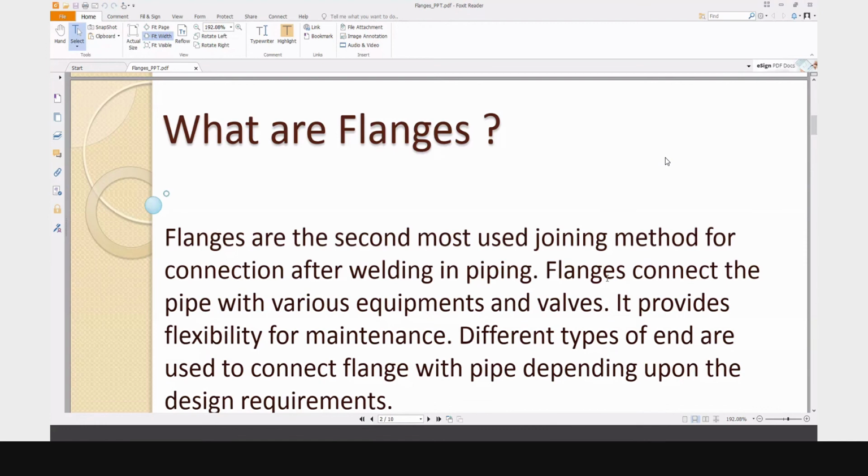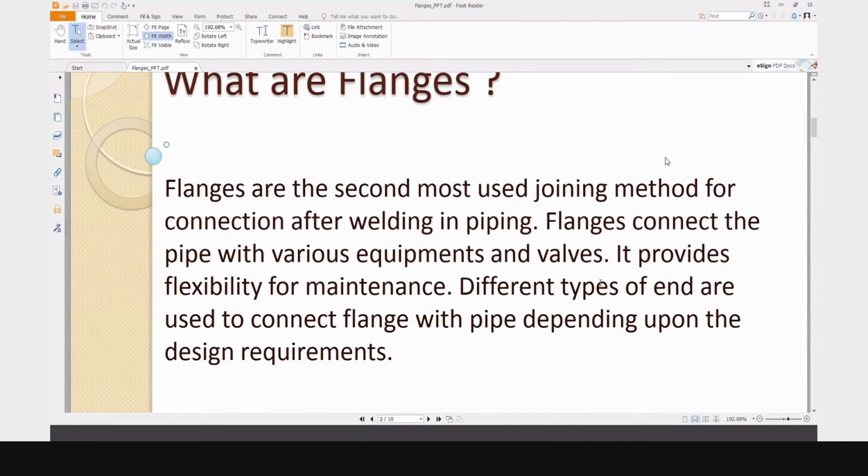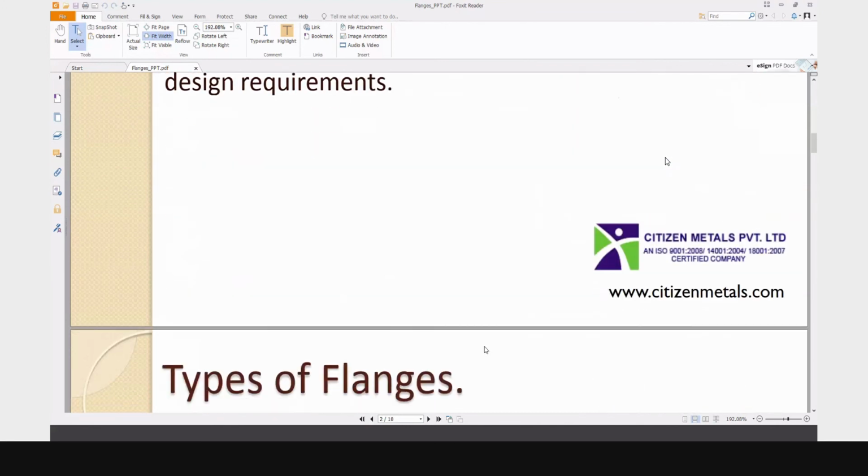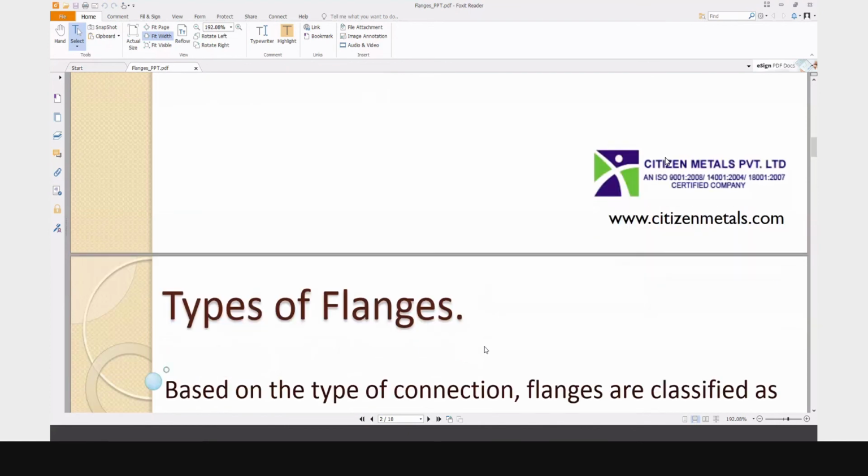Flanges connect the different parts of the pipes by means of a bolting system. Different types of ends are used to connect the flange with the pipe depending upon the design requirement. Now we will show the different types of flange, the way they are attached with the pipes.